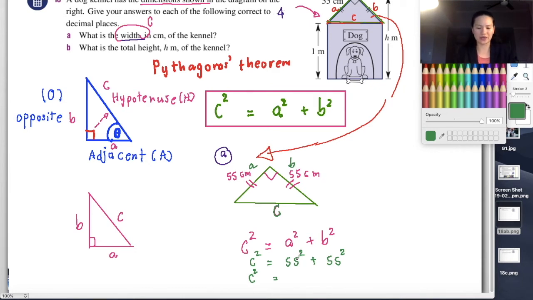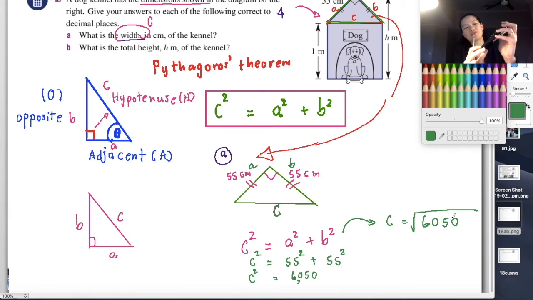So it equals 6050. Write down here, 6050. But if you want to find C, then C equals the square root of 6050.